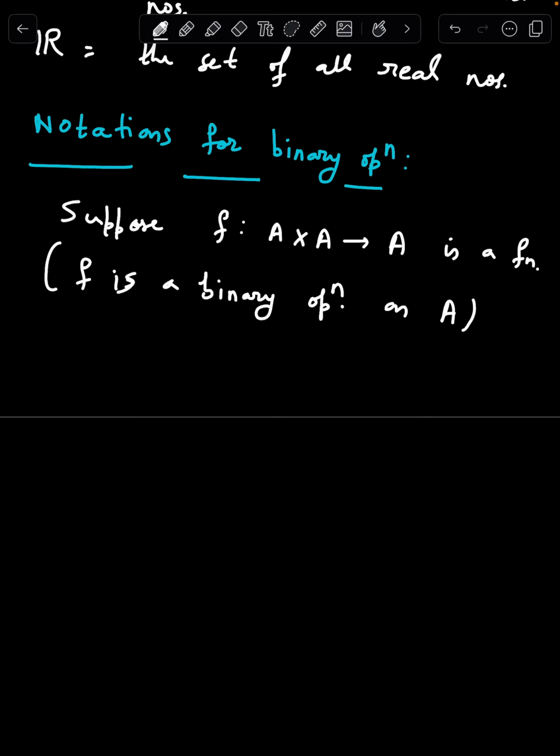So usually we denote functions by f, but when we're talking about binary operations, we use the symbol star.